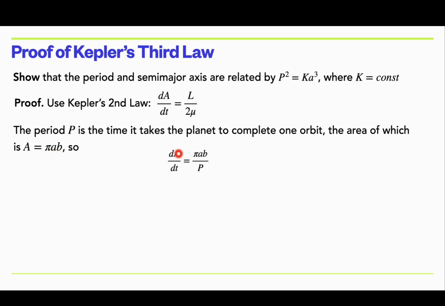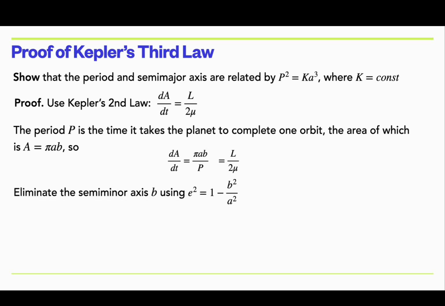So we can write this derivative as pi a b over the period, as an average of the derivative over one entire orbit. We know that dA/dt is just the angular momentum over 2 mu. So this thing in the middle must equal L over 2 mu.